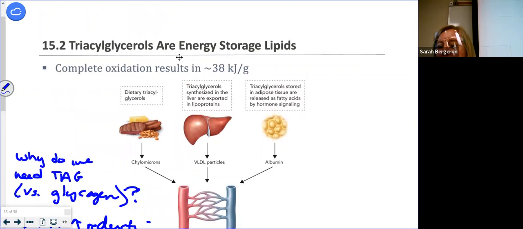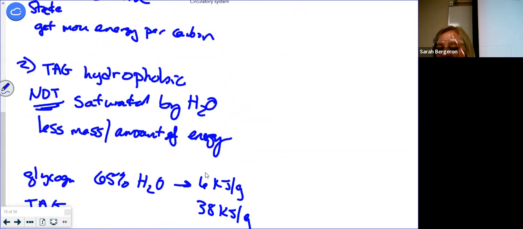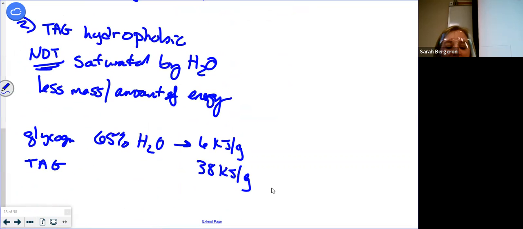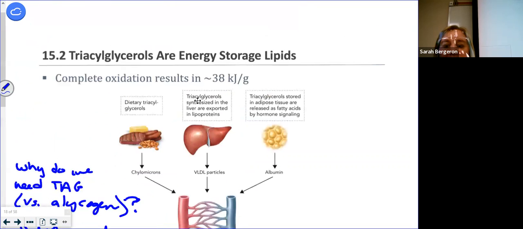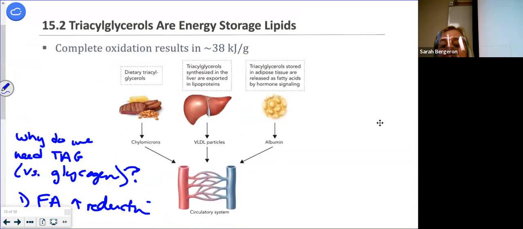All right. And that's what we said down here, right? Complete oxidation gives you 38 kilojoules per gram, which is a lot more than metabolizing glycogen. So when we talk about the different types of lipids, there are lipids that we are going to make and use in our membranes, and then there are triacylglycerides that we actually consume.